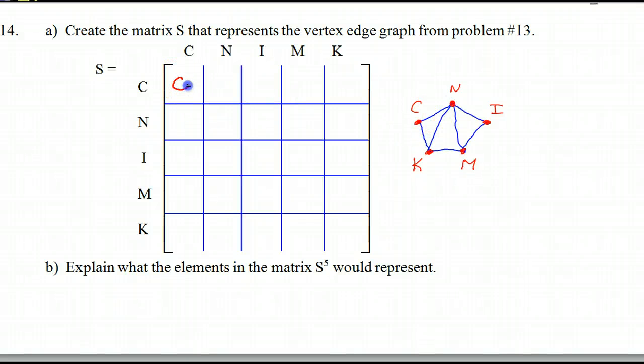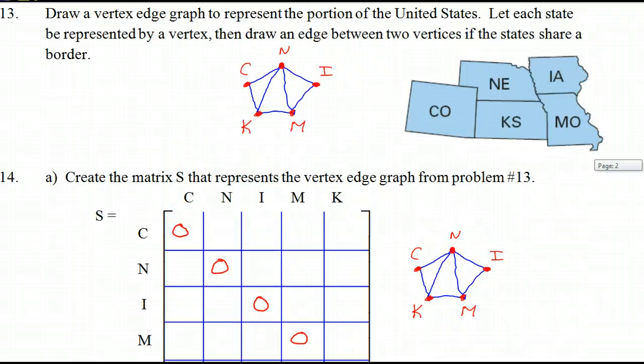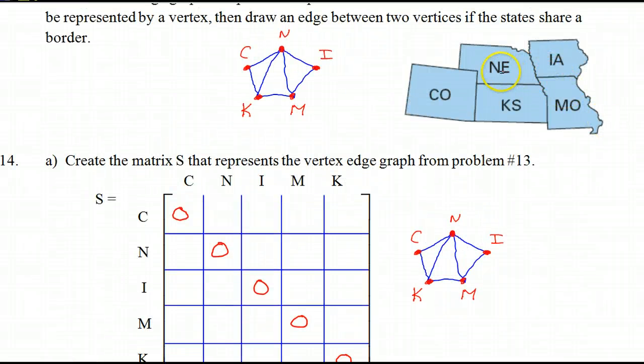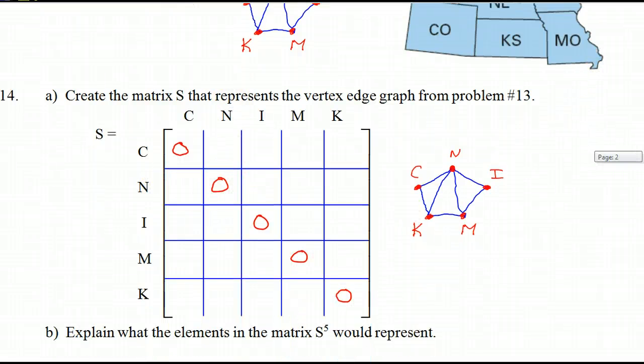Since you cannot share a border with yourself, this diagonal will be all zeros. For example, Nebraska cannot share a border with itself, so zeros down the diagonal.